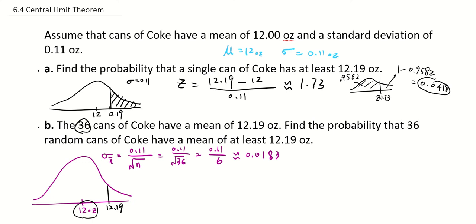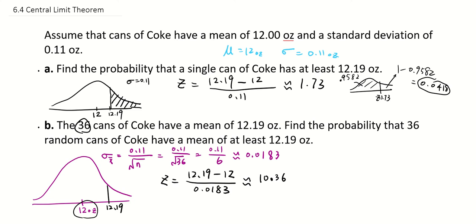Okay, so if you want to do it by hand, you will find the z-score first. Well, the z-score is still 12.19, the number you want to find the z-score for, minus the mean, here still 12. But here you want to divide it by the new standard deviation, which is 0.0183. If I round my z-score to the nearest hundredth, I have 10.36.